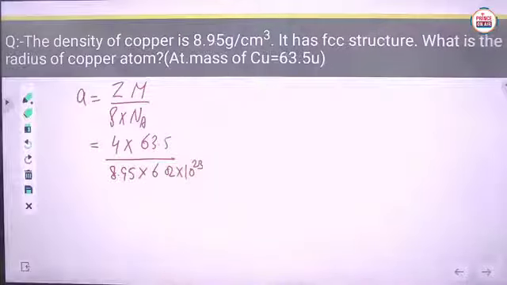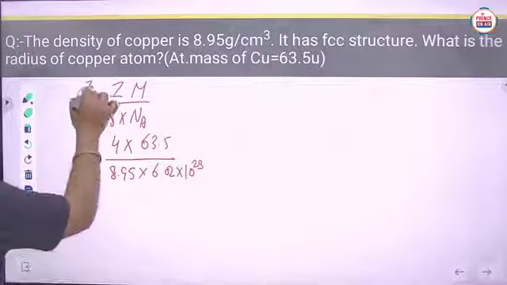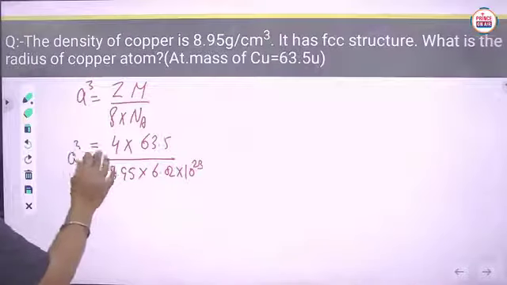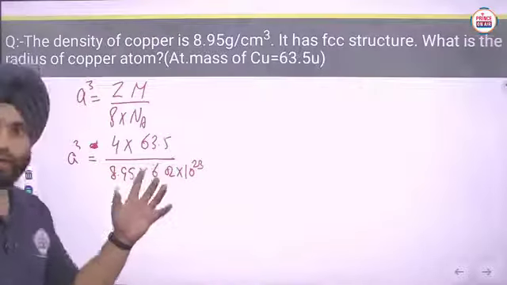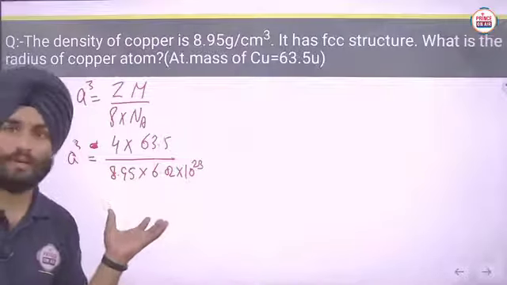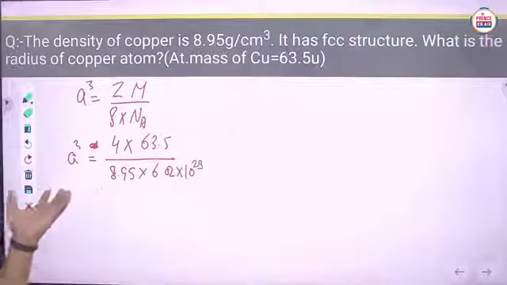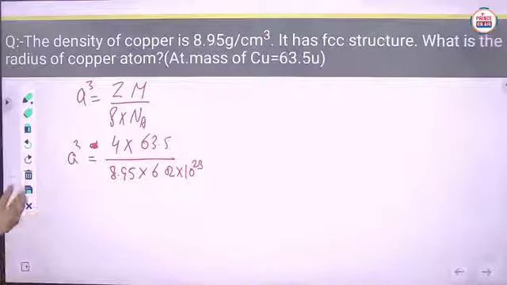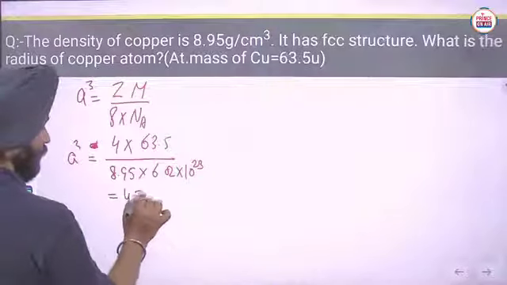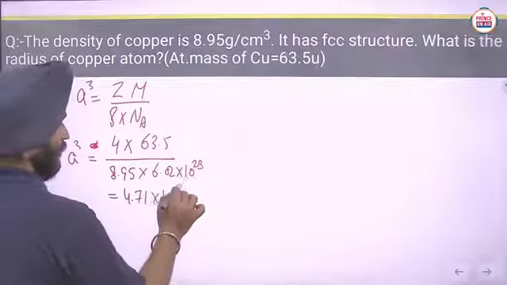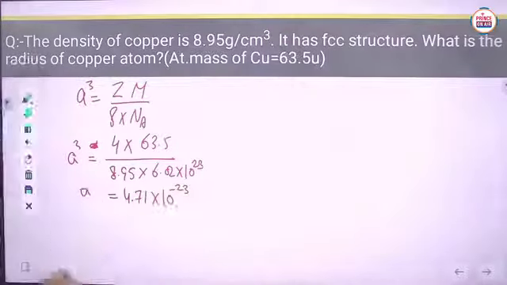So this one is A cube. Now you have to solve this calculation. Can you solve this calculation here? On solving it, you will get the value 4.71 into 10 raised power minus 23, and here the units become cubic centimeter.